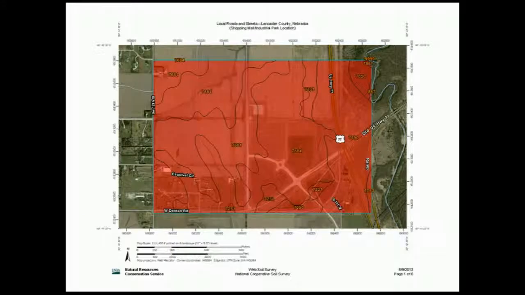local roads and streets. So obviously, if we're going to build a shopping mall, we're going to have some roads leading into it. There are already a couple in the area, but they're not going to be direct access to a shopping center or industrial park. The area of interest, unfortunately, is not very favorable when it comes to road construction.